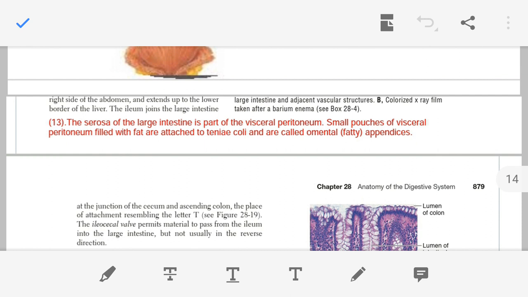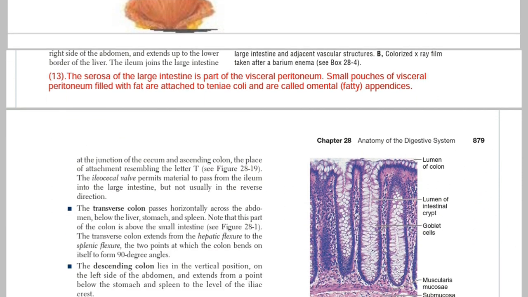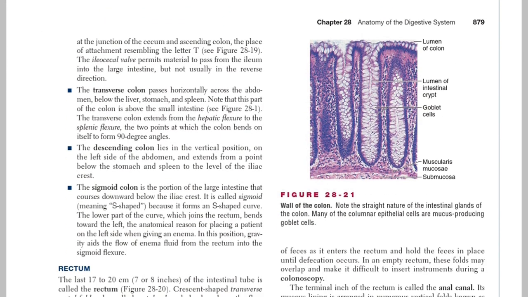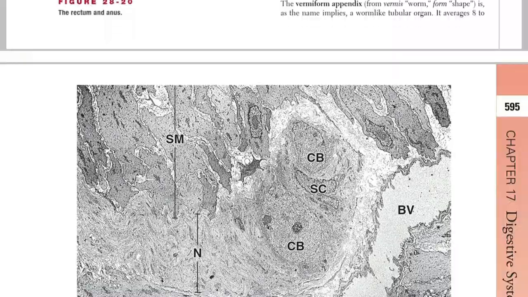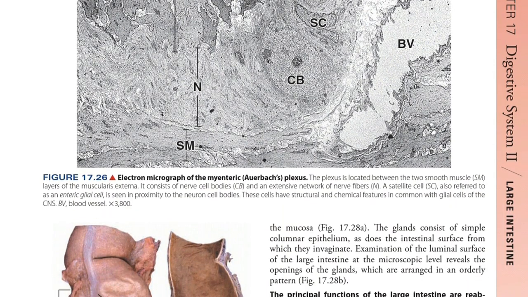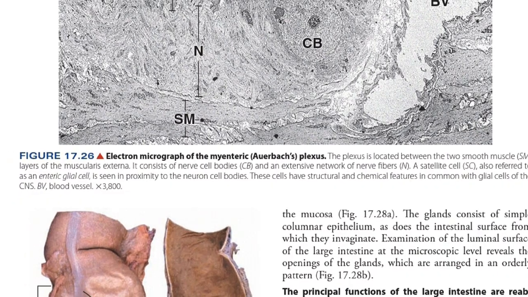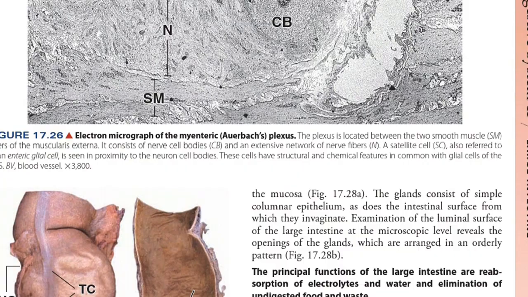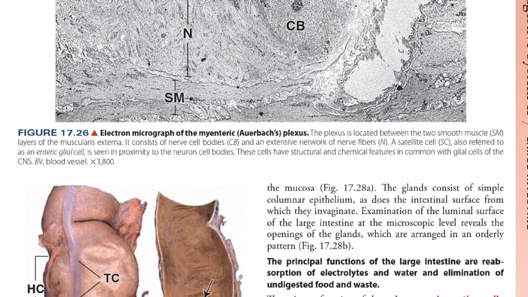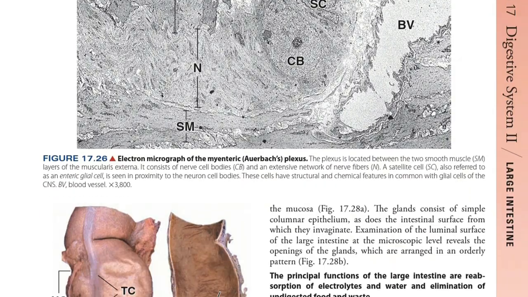So this is the 13th point and the last point of this presentation lecture, and a few figures I would like to show you. Electron micrograph of the mesenteric plexus. If you are interested, you can read what the mesenteric plexus is.